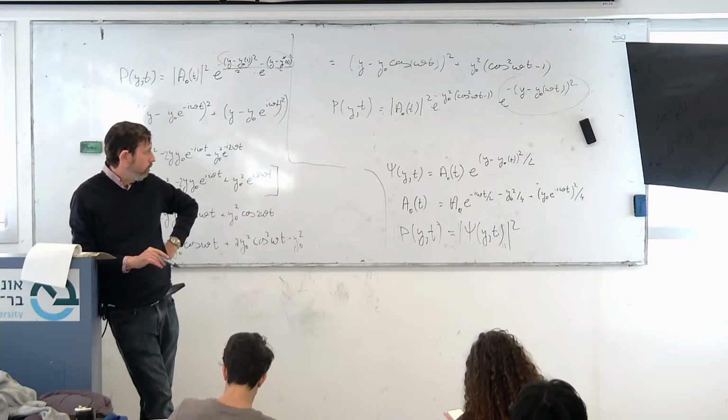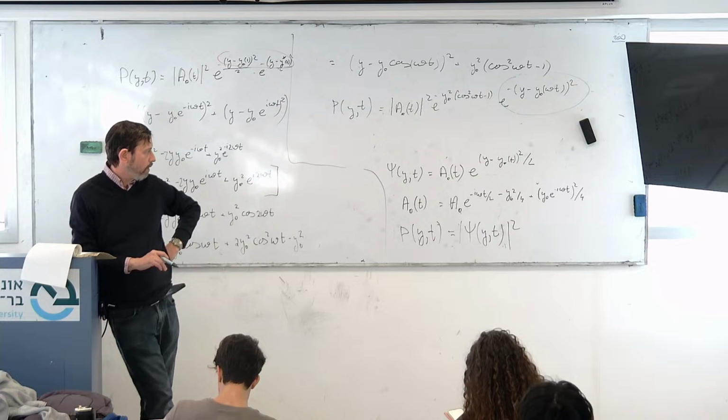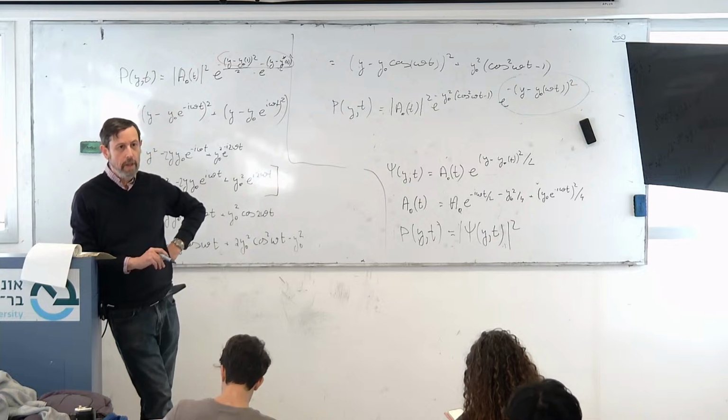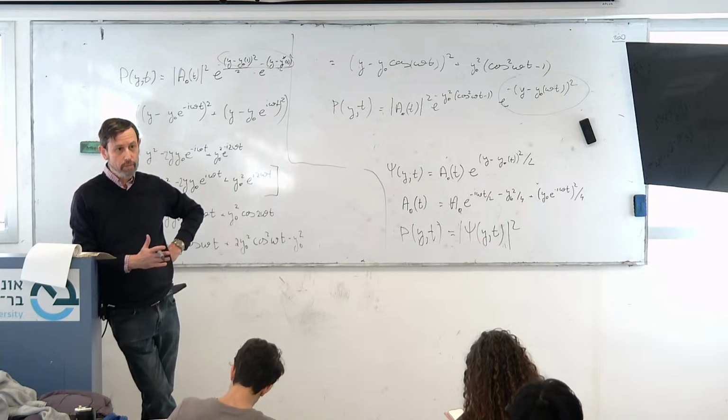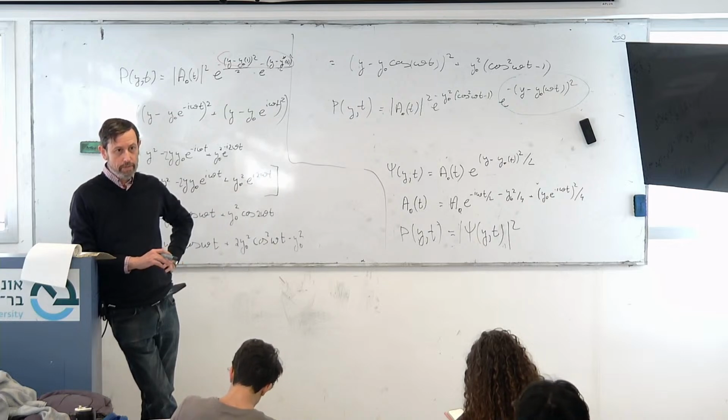Okay, so we have shown an example of working with a wave packet in a harmonic oscillator, where we used all the equipment of Hermite polynomials that we learned during the solution of the Hamiltonian.